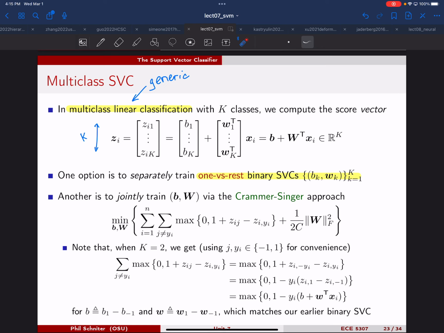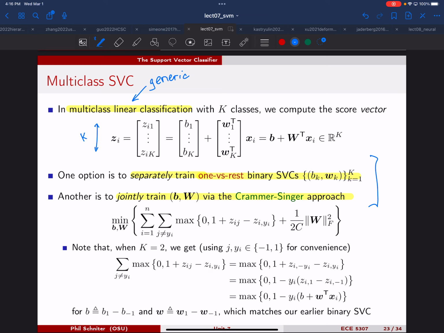I'll try to convince you that this Kramer-Singer extension, when you look at what happens when there are only two classes, reduces exactly to what we were doing with the binary SVC. I'll explain that next, but for now, are there any questions on these two approaches? These are really the main things.